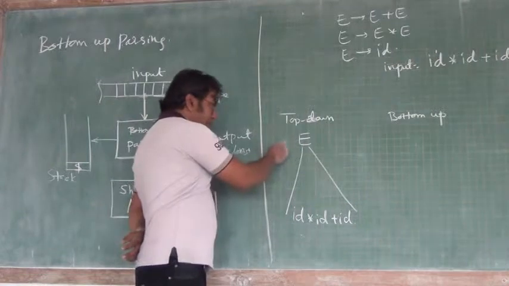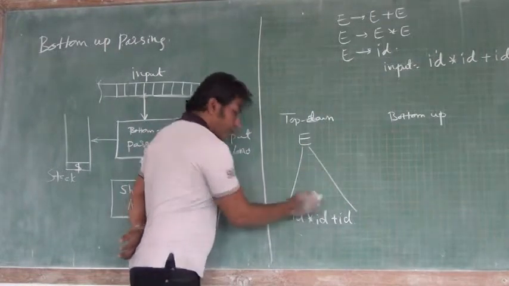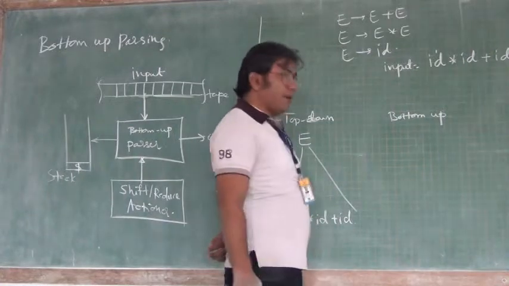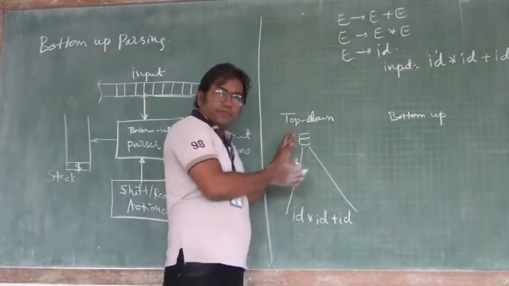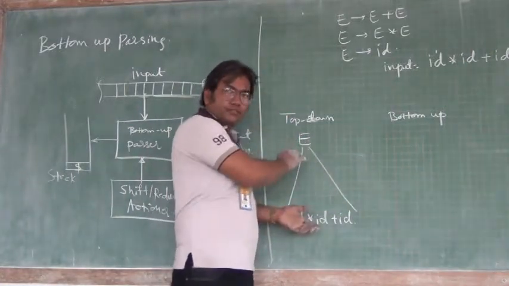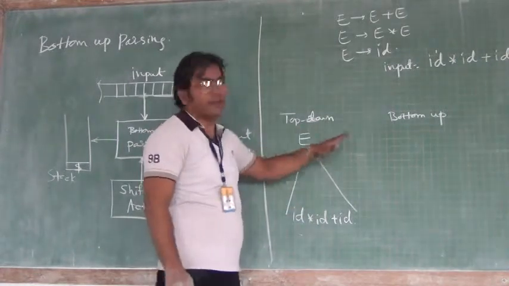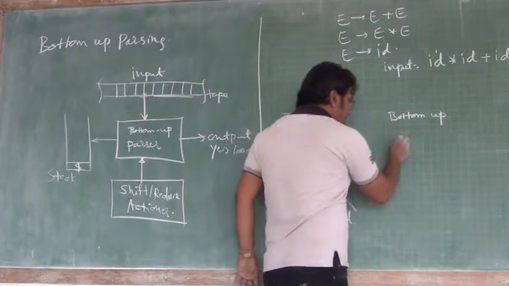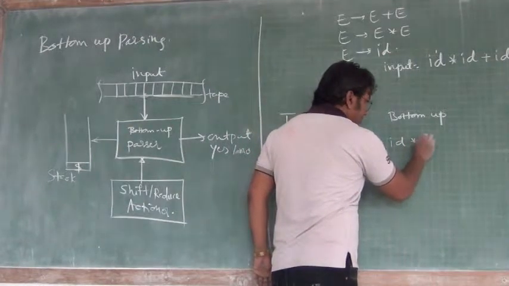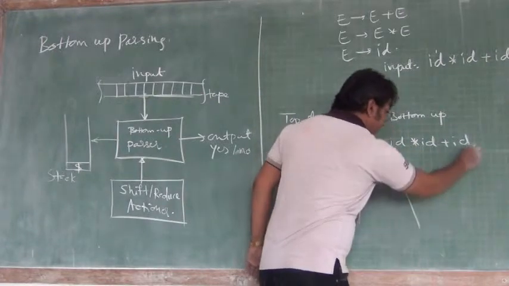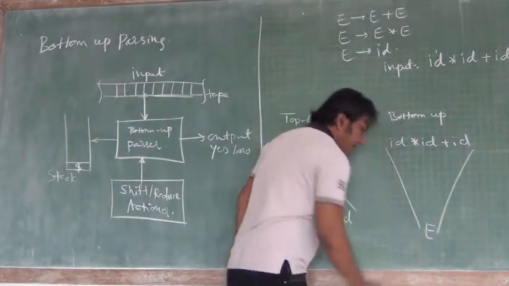This is what is called a top-to-bottom approach. And in the bottom-up approach, the procedure is exactly opposite. Bottom will be at the top and top will be at the bottom. So we start with id star id plus id and we come to the start symbol E.